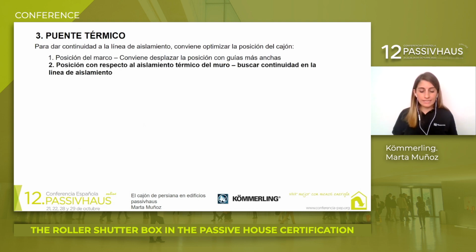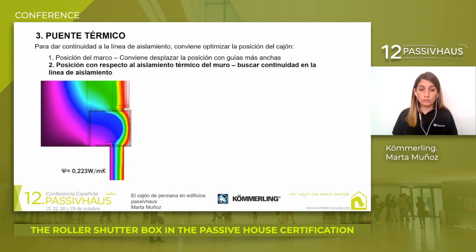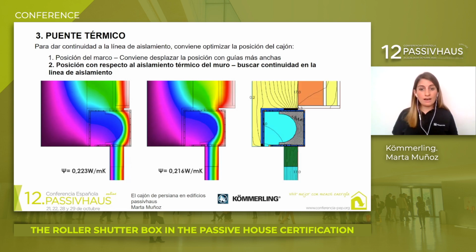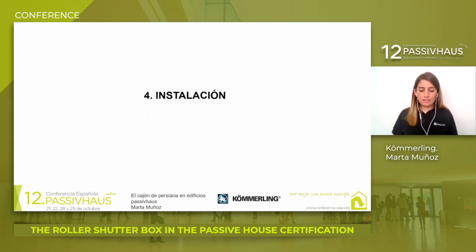The other element that we have to take into account is the shutter box and the insulation line of the wall. It has to be as continuous as possible. We have a thermoclay wall and we have a high bridge if we leave it in this position, but if we displace it with a thermal clay, then the bridge will go down, and the values are lower when the window is aligned with the insulation, as you can see in this image.